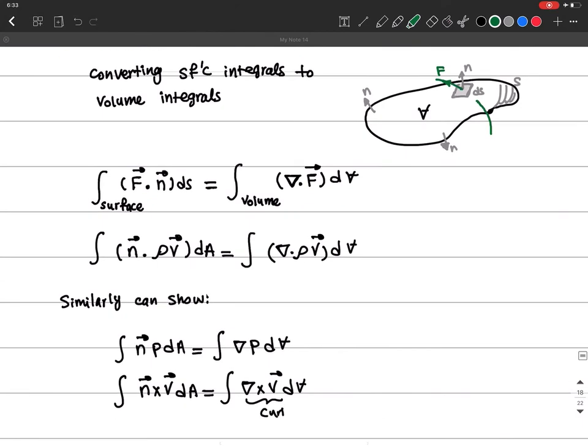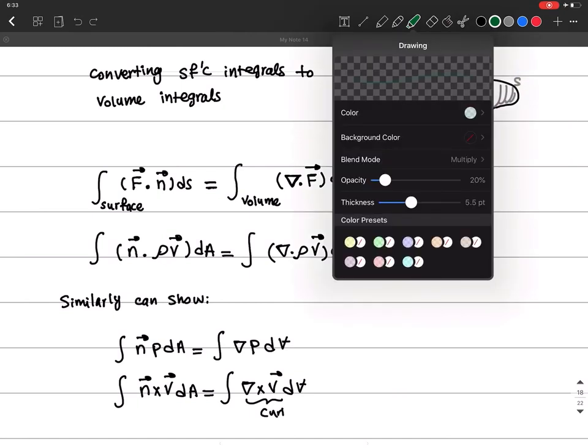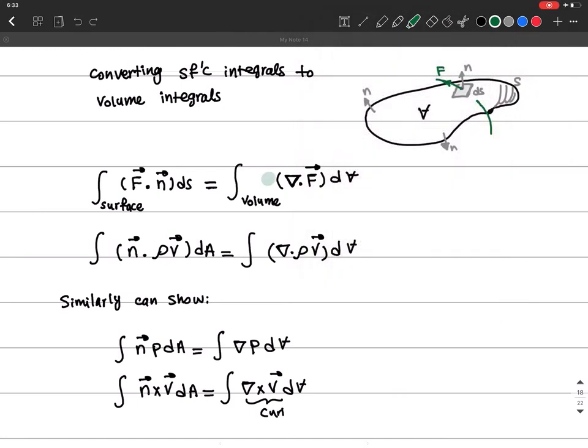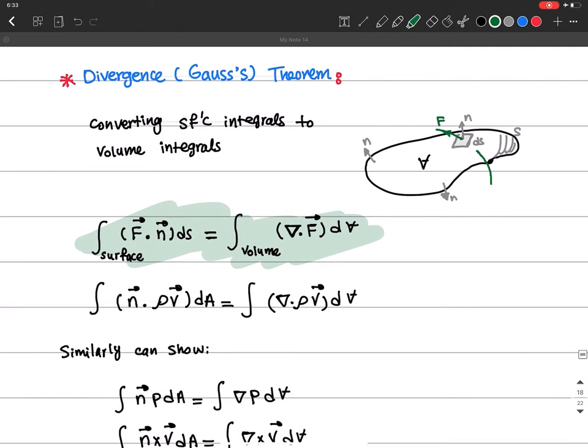Okay, so this is the divergence theorem, or Gauss's theorem, which, as you see, changes the surface integral to a volume integral.